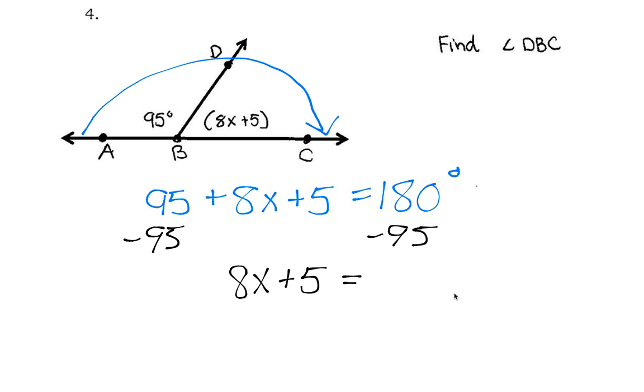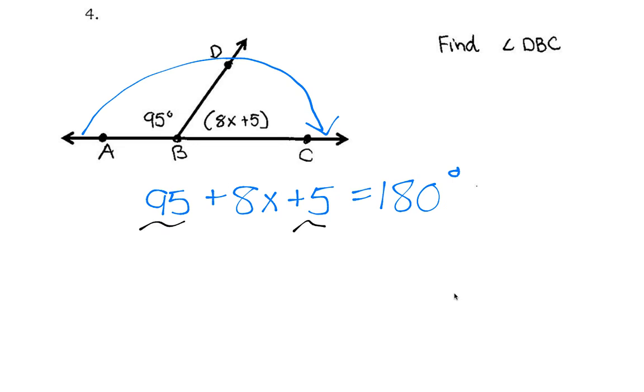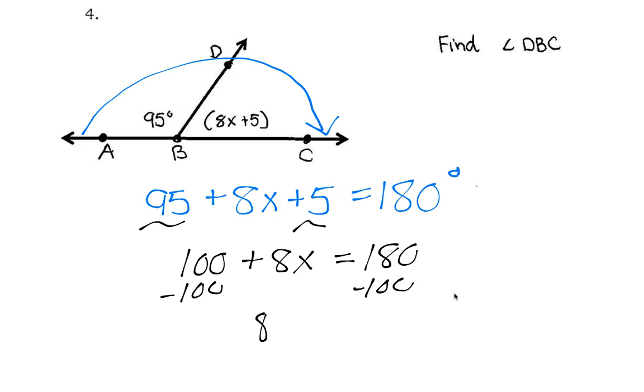Actually, I'm going to take a step back. I kind of skipped the combined like terms there. 95 and 5 is 100. Subtract the 100. X equals 10. Find DBC.